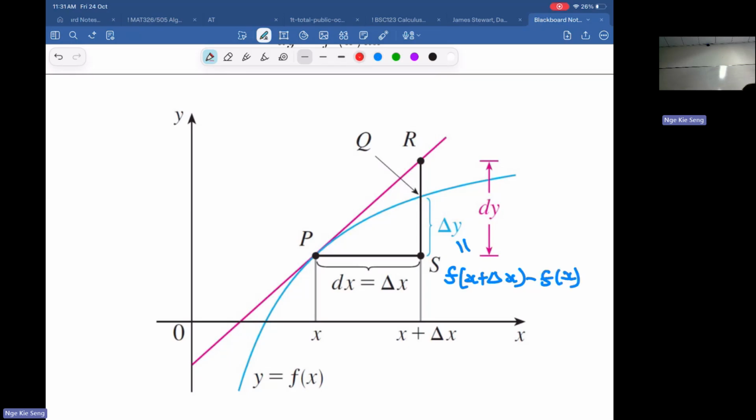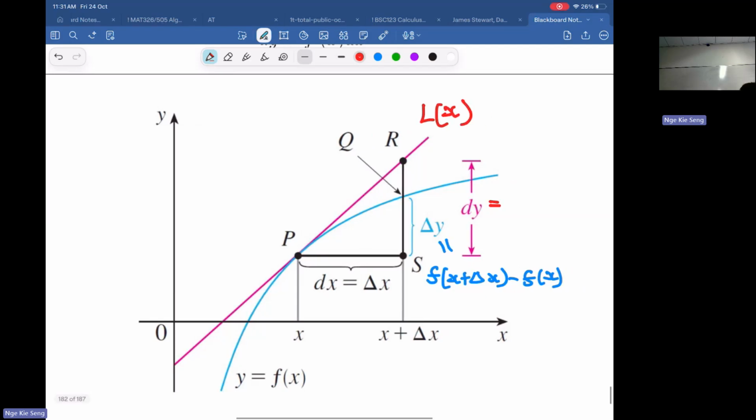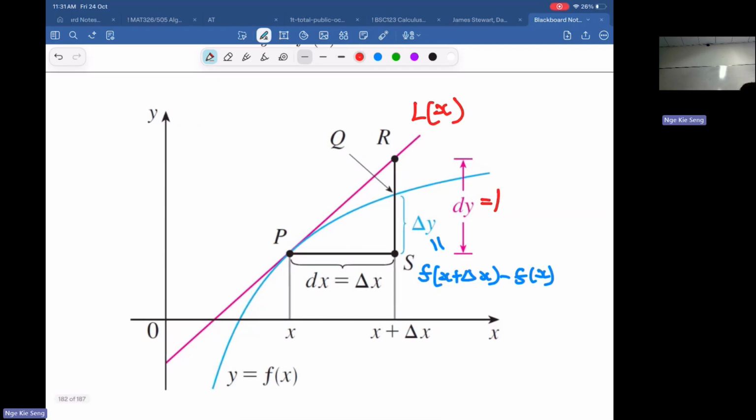But dy, let's call this tangent line L(x). This is L of x plus delta x minus f(x). You will expect that dy is a bit larger than delta y. It depends on what curve you get. And then dx is always the same as delta x.